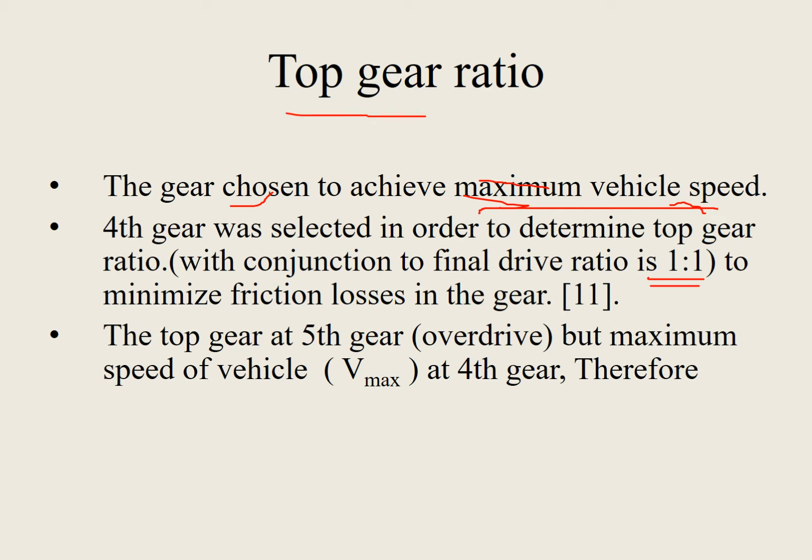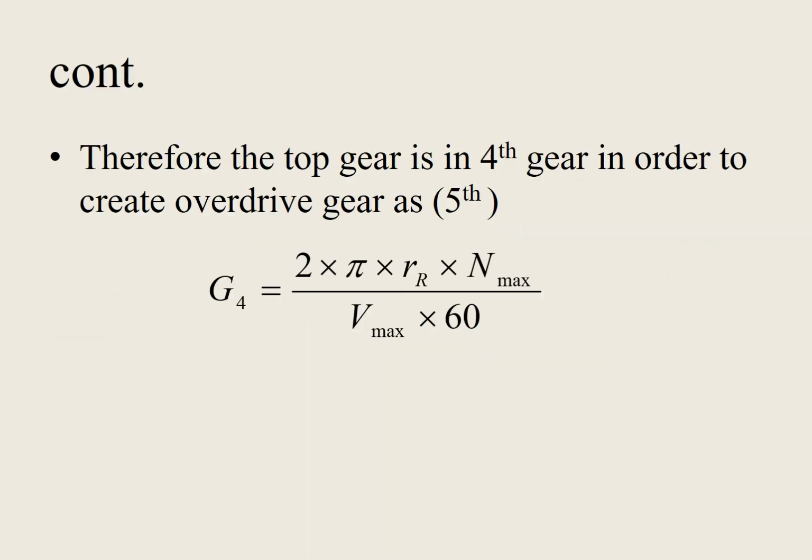Okay, and the top gear or the fifth gear will be overdrive, but the maximum speed of the vehicle, or Vmax, will be at the fourth gear. Therefore, the top gear is the fourth gear, in order to create an overdrive gear as fifth gear.